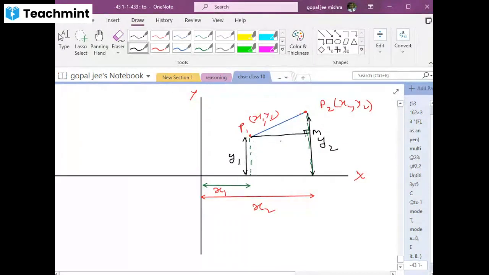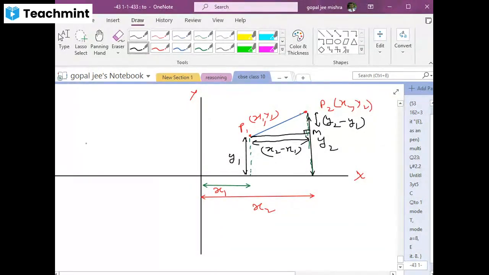The distance between this point and this point will be x2 minus x1 along the x-axis, and here the distance from P2 to M is very clearly y2 minus y1. Are you getting this, beta? Yes.